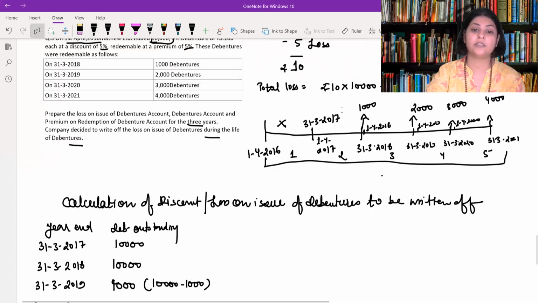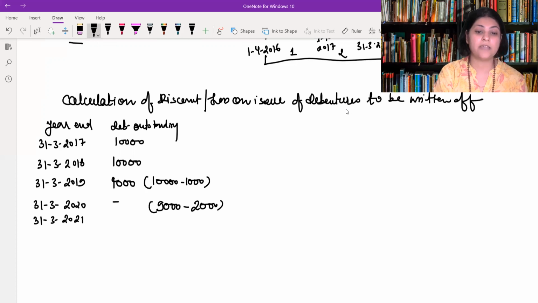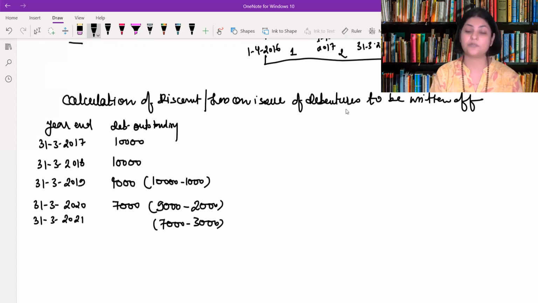Out of that 9,000, company had again redeemed 2,000 debentures. So I'll deduct 2,000 from here and I'll write 7,000 debentures over here. After this, company had redeemed 3,000 debentures, students. So here, my outstanding number of debentures remains 4,000.